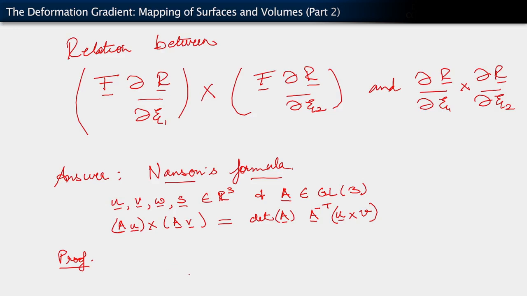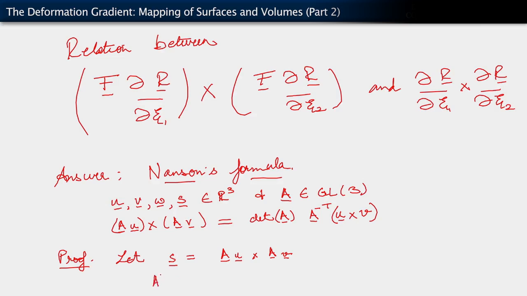Okay. So the proof very quickly is the following. Let S be equal to AU cross AV. Now, write out the following.